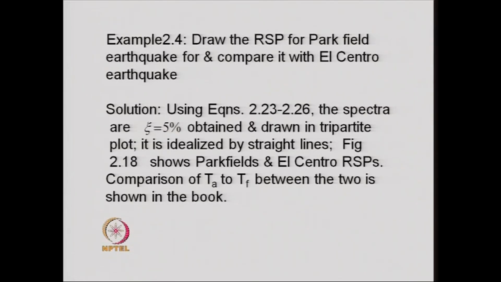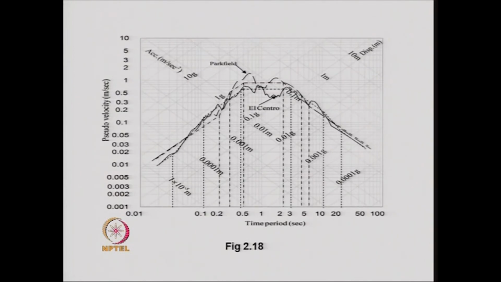Now an exercise was carried out to show that the different earthquake records provide the same kind of idealized response spectrum on a tripartite plot. For Parkfield earthquake and for El Centro earthquake, these exercises were carried out, and one can see the idealized response spectrum for the two earthquakes, this is the El Centro earthquake and this was the Parkfield earthquake.